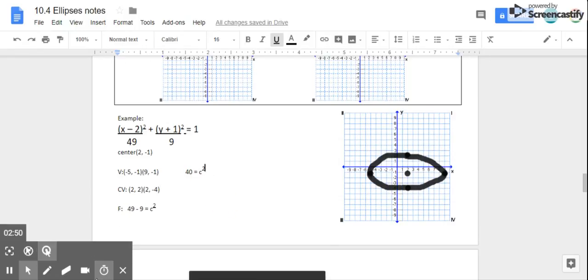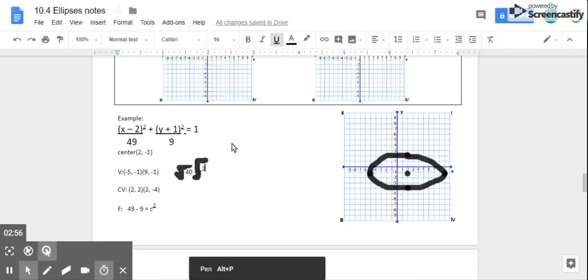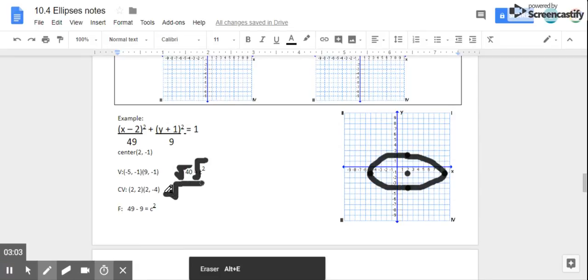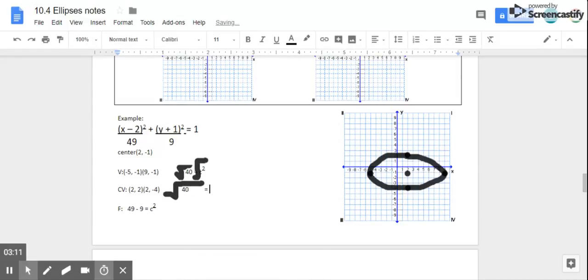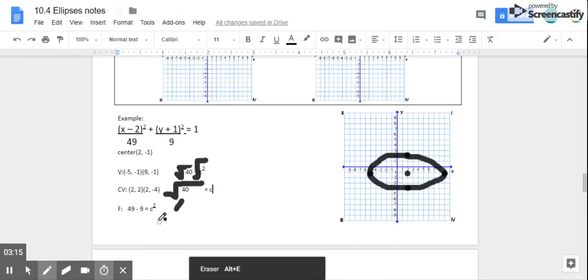How do you get rid of the square? You square root, right? And then how can you break down the square root of 40? So you can do, let's see, square root of 40 equals c, and you can do square root of 4, square root of 10.